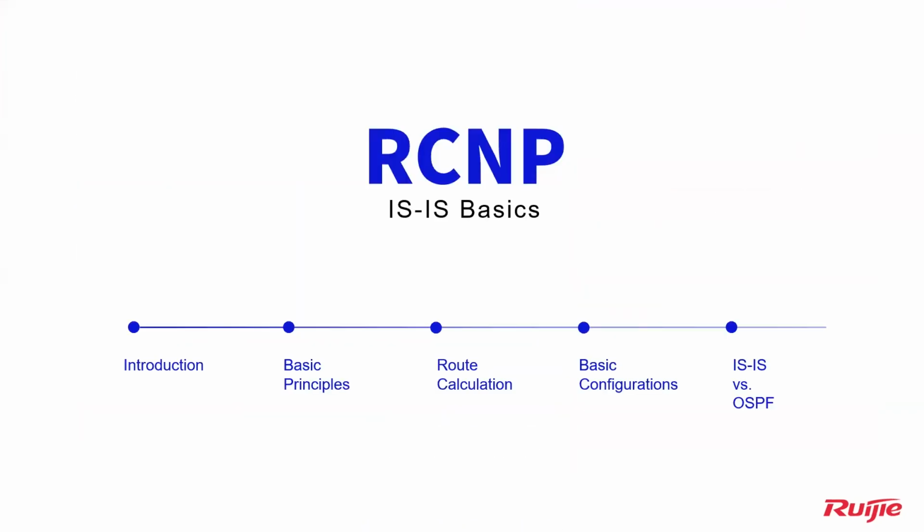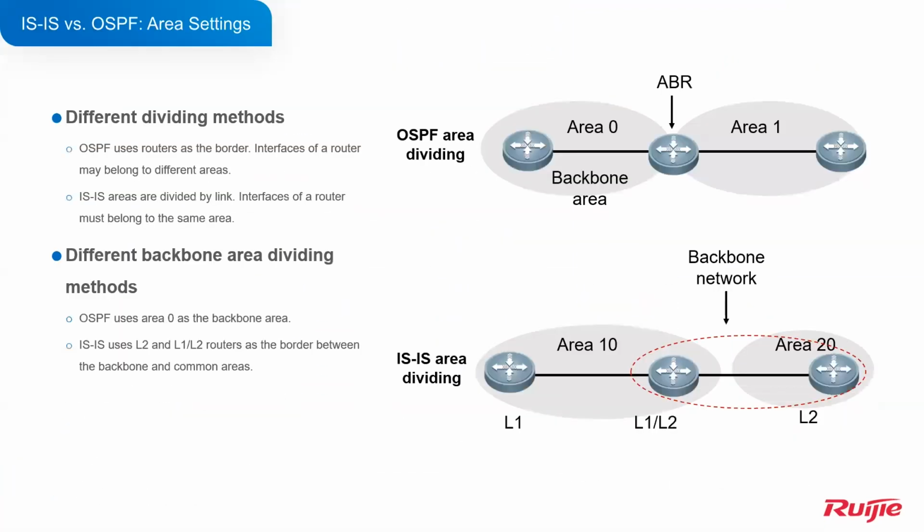In the last step, you can see some differences and the same features between ISIS and OSPF, because these are two typical dynamic routing protocols deployed in our network. And the different dividing methods of ISIS and OSPF: OSPF uses the router as the border, right?